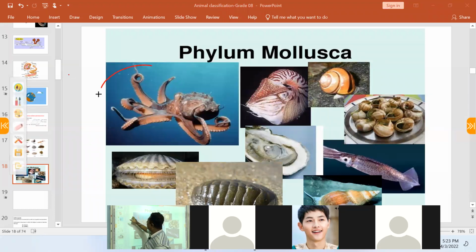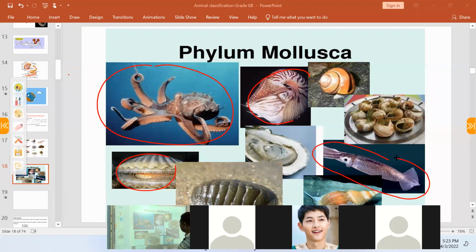What is the first animal? Octopus. Then those are clams, oysters, and others. This is a cuttlefish. Snail. Do you know the name of this? No, sir. It is called chiton. Chiton has eight plates, 1 2 3 4 5 6 7 8.